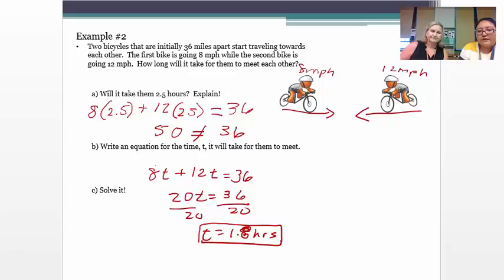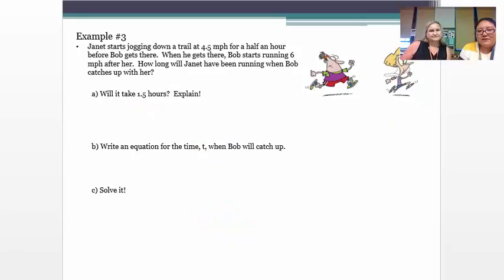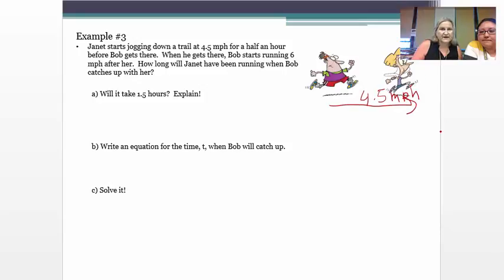There you go. How about we continue with the next example? Okay, so we have one more example. Example 3, a little bit more challenging. Janet starts jogging down a trail at 4.5 miles per hour, going in one direction for half an hour before Bob gets there.